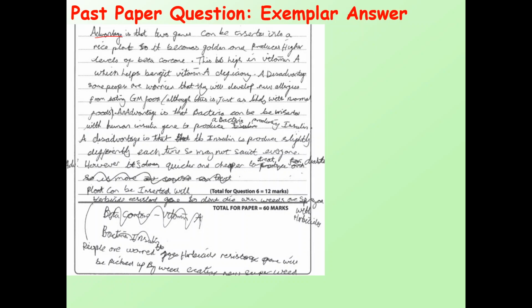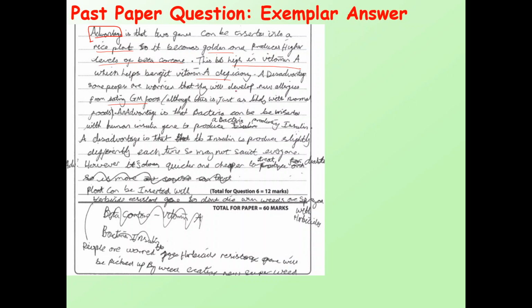Okay, so highlighting, we're talking about the advantages here. The advantage is that 2 genes can be inserted into a rice plant, becomes a golden one, produces high levels of beta carotene, high in vitamin A, which benefit vitamin A deficiency. Disadvantage is some people are worried that it will develop new allergies from eating GM crops.